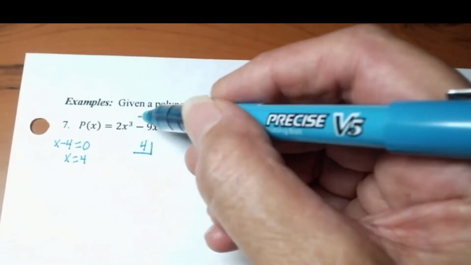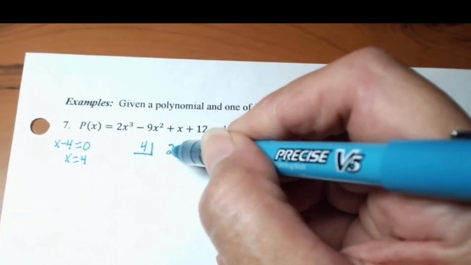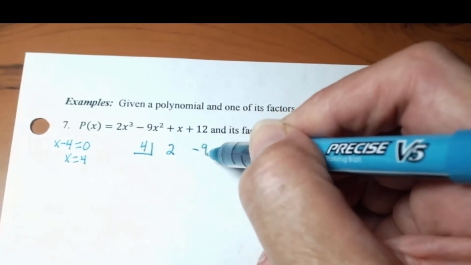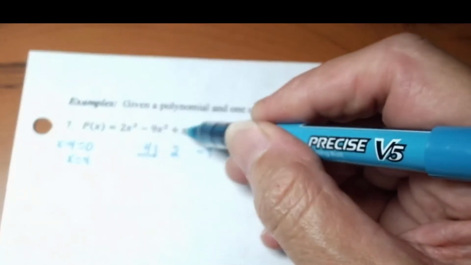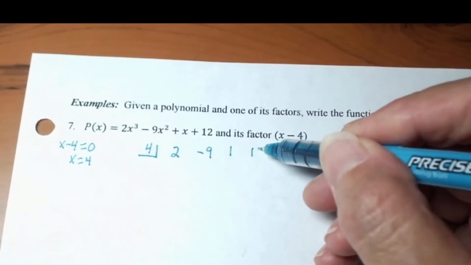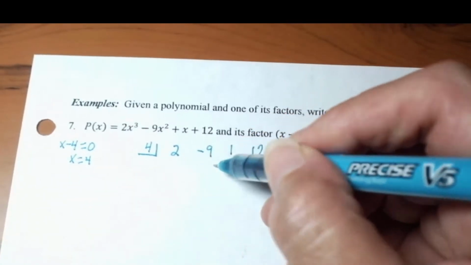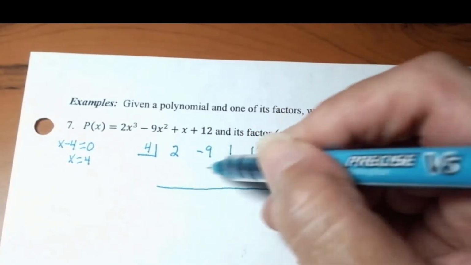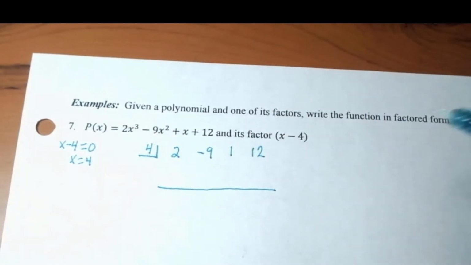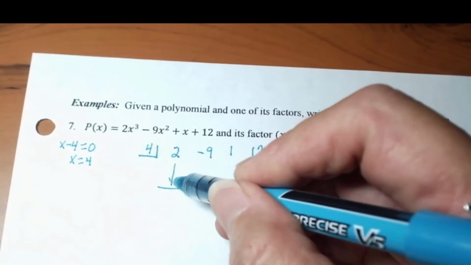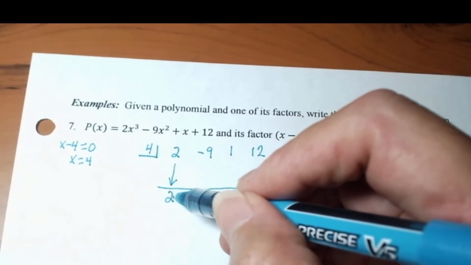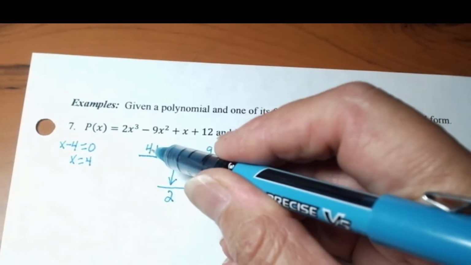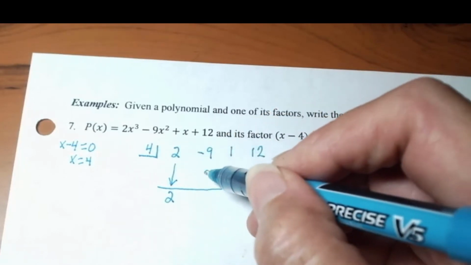So we're going to rewrite these coefficients: 2, negative 9, a 1 for this third term, and then the 12. Leave one row's worth of space. With synthetic division, we bring down the first term, then take the 2 and multiply times the 4 and put that answer here.